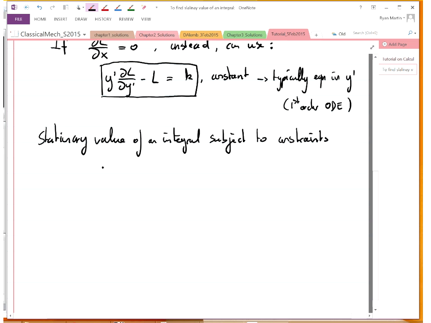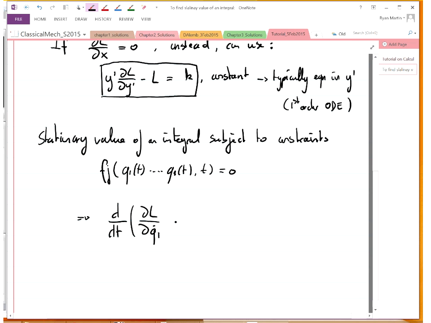So if our constraints are given in the form of some function f_j of our coordinates, and potentially time, equals to 0, then the Euler-Lagrange equation is modified to be, I'm using t's now instead of x as the independent variable, d by dt of partial L by partial q_i dot minus partial L by partial q_i.